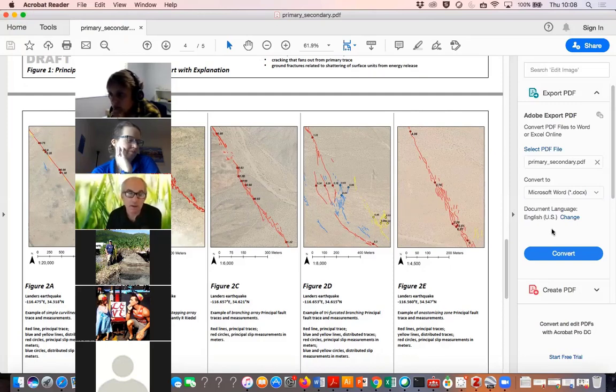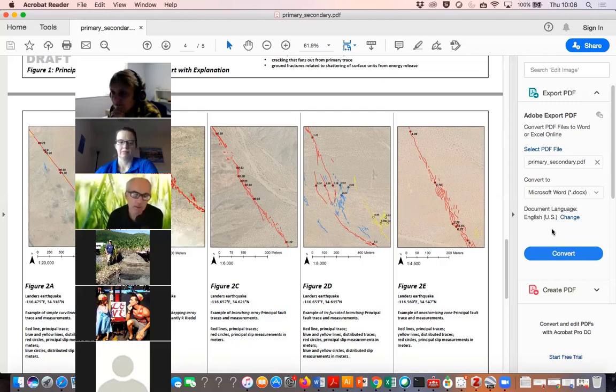Because if you zoomed in close enough on figure 2A, on the continuous trace of landers, you would probably find that it might be a little bit more distributed and en echelon and look like figure 2C, but you just can't see that because you're backed out. And so there's this kind of representation dependence on scale.